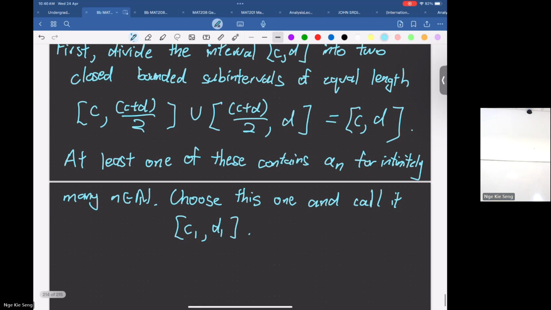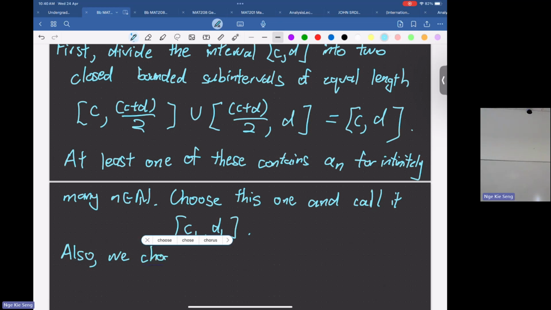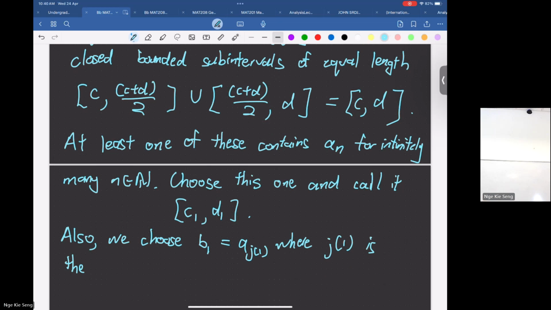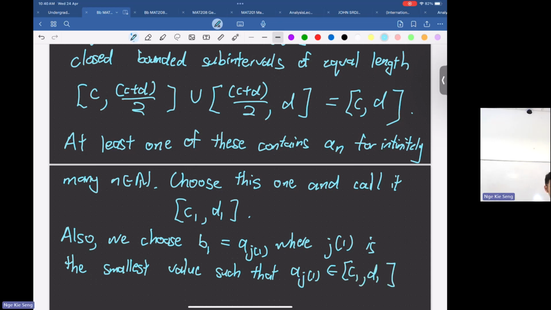We choose b1 to be a_{j1}, where j1 is the smallest index such that a_{j1} is in [C1, D1]. Can you imagine this or not?